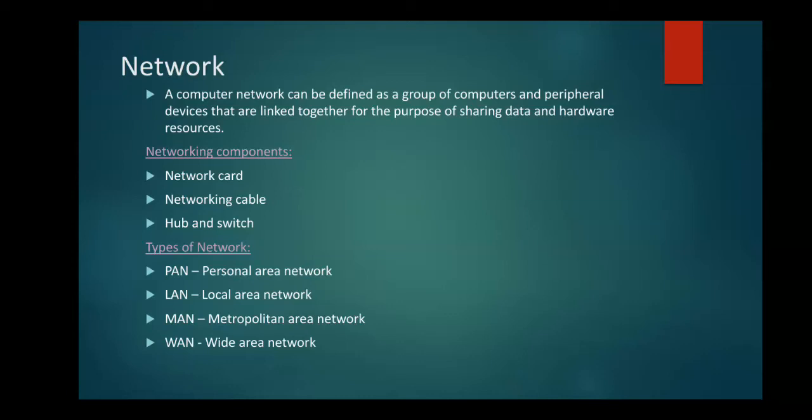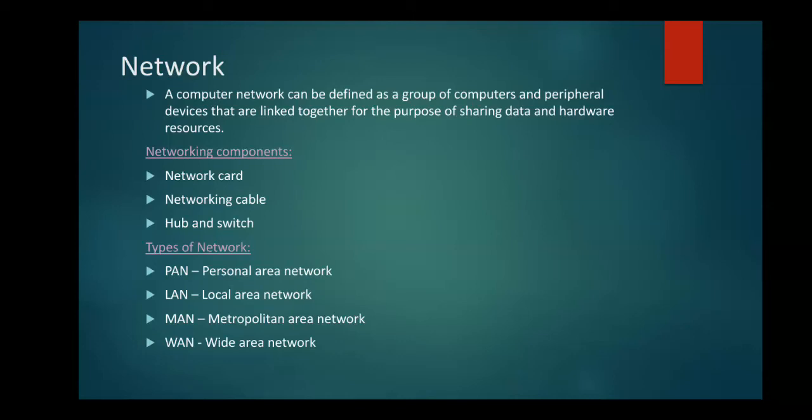Now the networking components. First is the network card. A network card is used to physically attach a computer to a network, and the Ethernet card is the most commonly used network card.